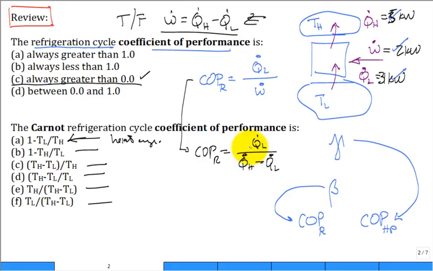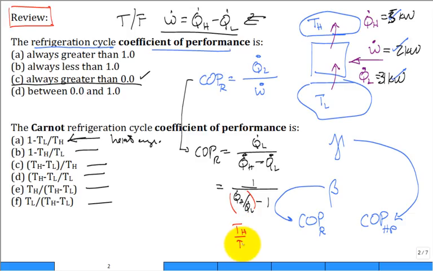Does that look right? Okay. And then they took this equation, they divided both numerator and denominator by Q dot L, so they had 1 over Q dot H divided by Q dot L minus 1. True? And then they remembered all the way back to the introduction of entropy and reversible and the Kelvin, the absolute temperature scale, that if it's a completely reversible cycle, you can replace Q dot H divided by Q dot L by what?